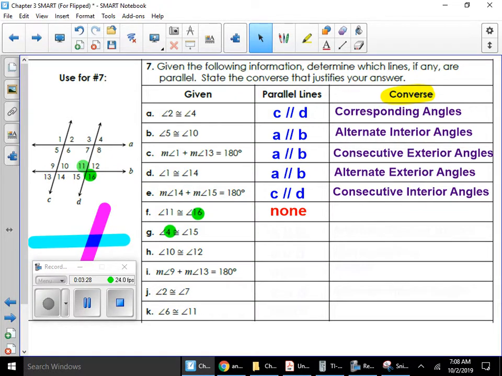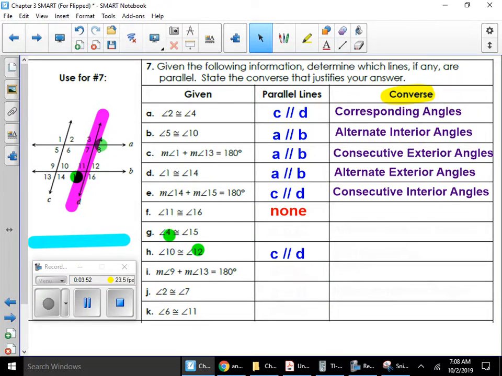4 and 15. Now D is my transversal, which is good. D hasn't had a chance to be our transversal yet. However, just like line C, line D cuts through both A and B. So the only thing we'd be able to say is for lines A and B, we can say that they are parallel. Pardon, I had the wrong one highlighted. There we go. No, I'm being silly.